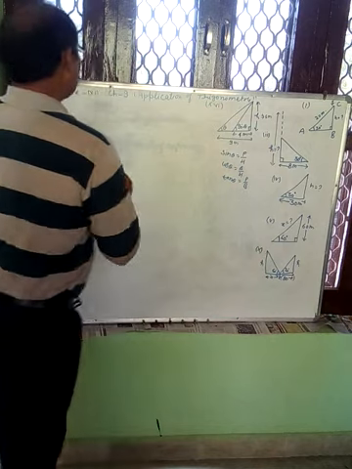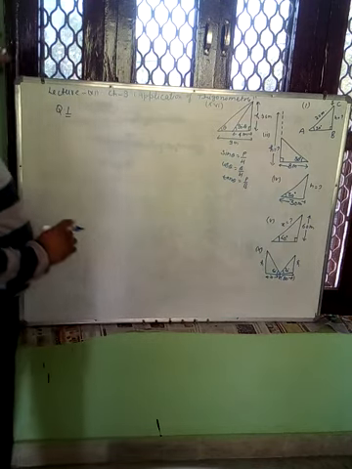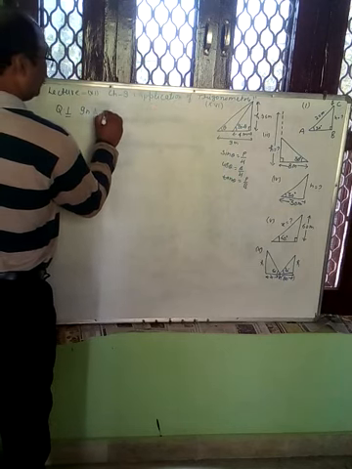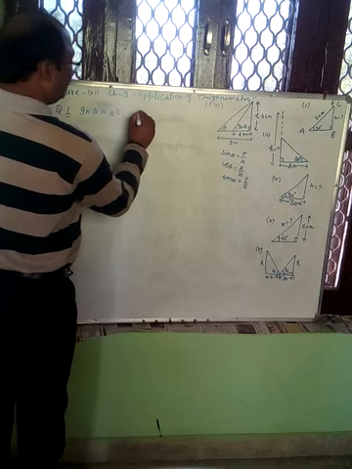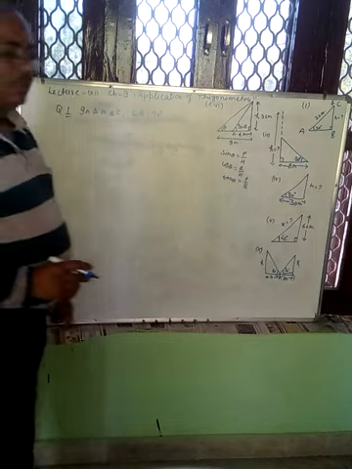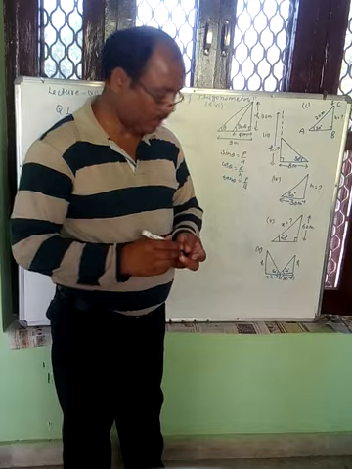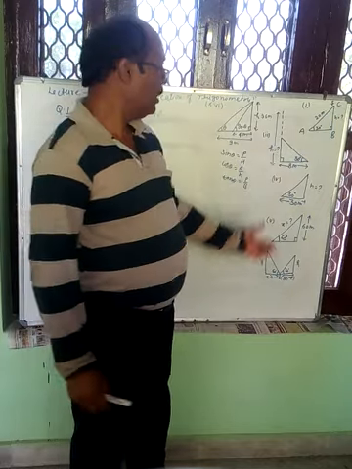Now question number 1, in triangle ABC, where angle B is equal to 90 degrees. Always we are using these applications in right angle triangles.